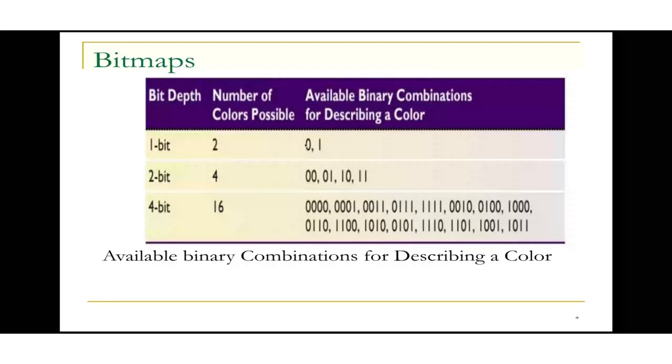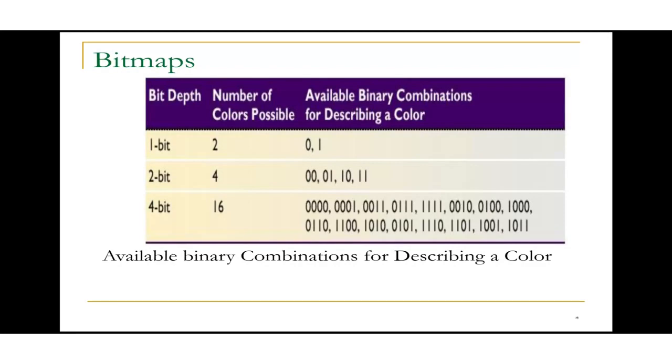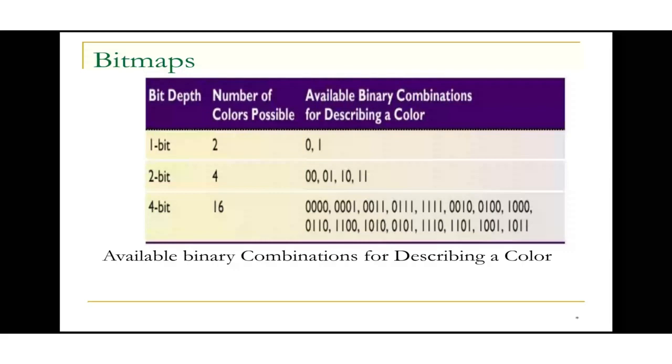If all you want is a black and a white, then you can just use 1 bit for your coding. Your coding system could be based on just 1 bit for a color, which means that you're only able to show 2 colors, because the one bit will show 1 color, the other bit can only show 1 other color, and so you have a maximum of 2 colors that are possible.